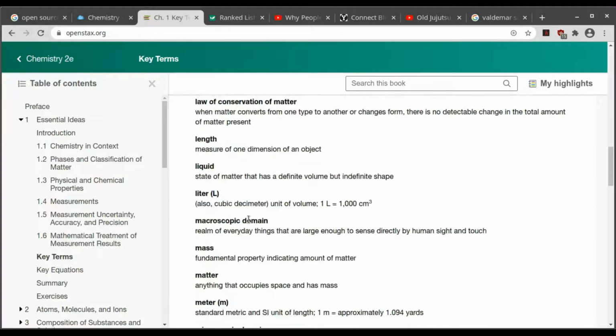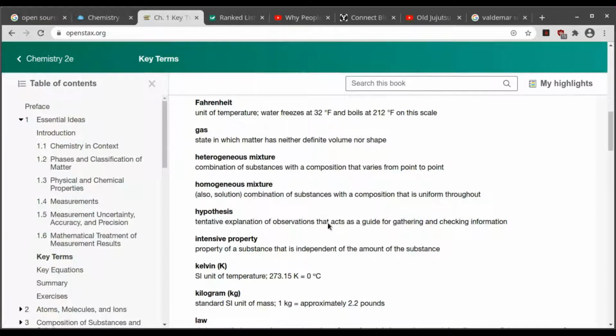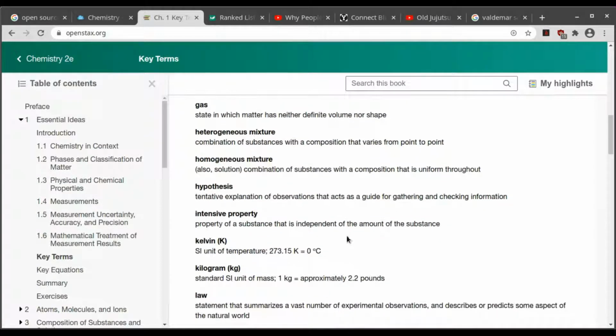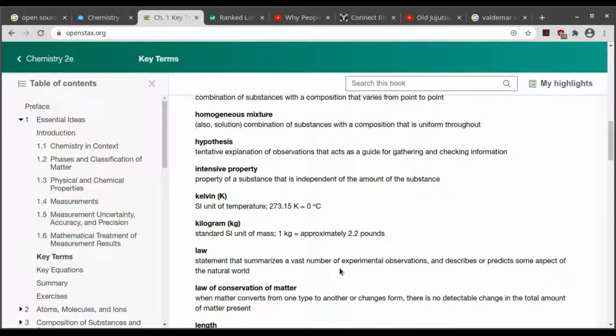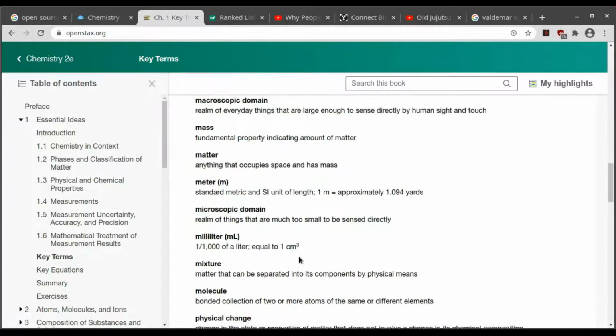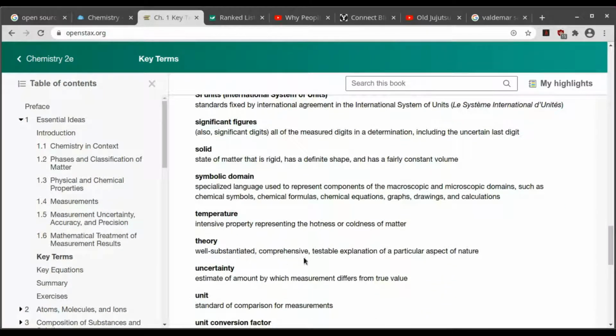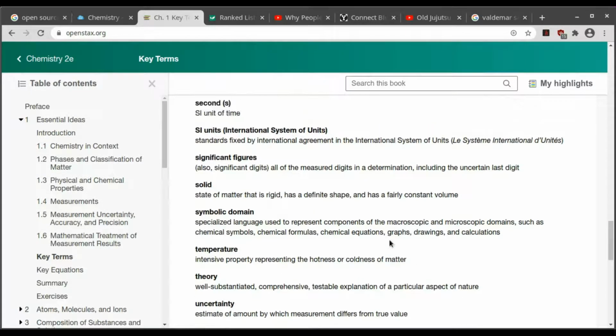Law, statement that summarizes a vast number of experimental observations and describes or predicts some aspect of the natural world. Theory, well-substantiated, comprehensive, testable explanation of a particular aspect of nature, and scientific method, path of discovery that leads from question and observation to law or hypothesis to theory, combined with experimental verification of the hypothesis and the necessary modification of the theory.